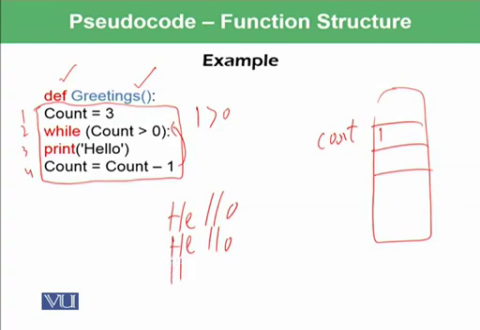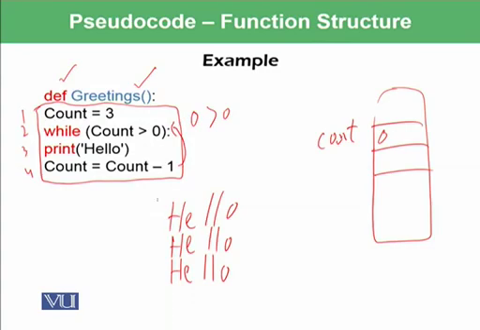Then it will again print hello, and then count will become 0 with the statement count is assigned count minus 1, and then it comes upward again, and 0 is greater than 0. So this condition is false. This means this function is going to terminate.